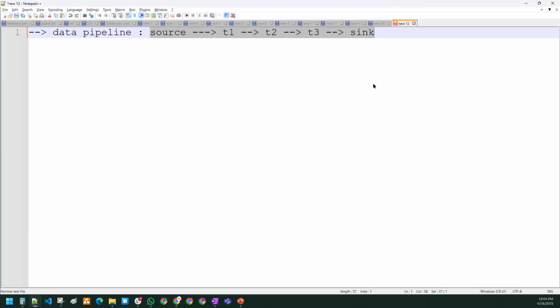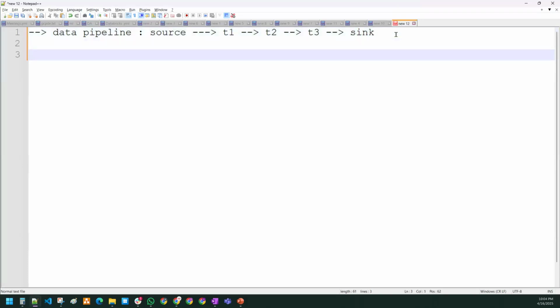In simple words, you wanted to get the data, transform it, process it, apply whatever aggregations you want, and finally send it to some other data source. So you are making sure that your data pipeline follows a process.